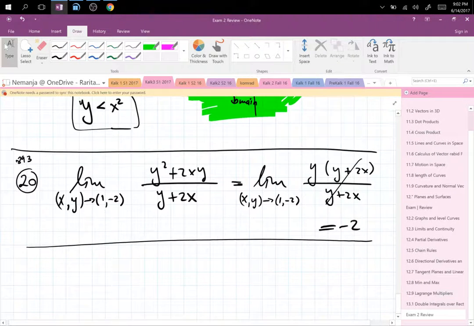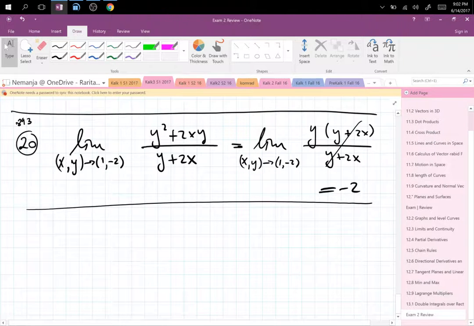Are you going to ask us to compute from different sides? You can't, because you remember there are infinitely many approaches. Two sides are only in Calc 1, from left and right. Well, see, the trick over here is that you were able to cancel and solve the problem. The two-path ones, where you show that the limit does not exist, are for the problems where you cannot cancel. You cannot rationalize, you cannot cancel.